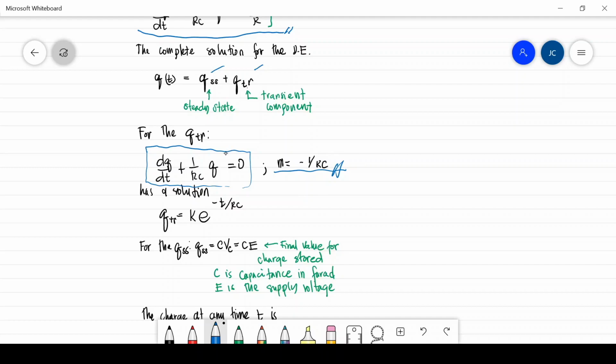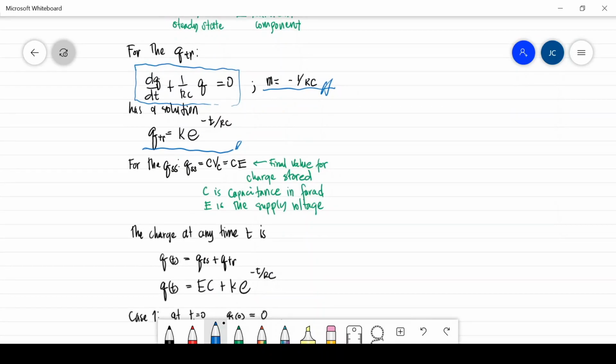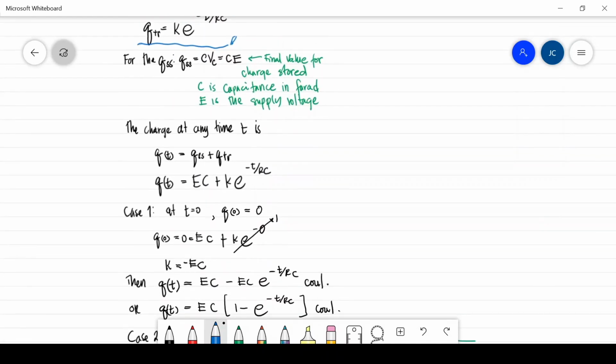For this differential equation, the root is real, so the transient component is equal to K e to the negative t over RC. K is an arbitrary constant which shall be determined by applying initial conditions.